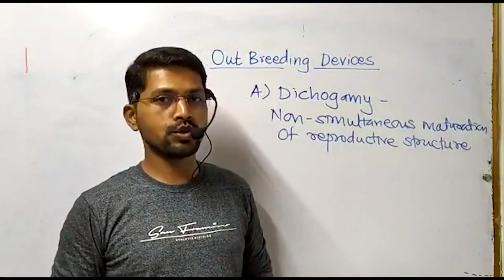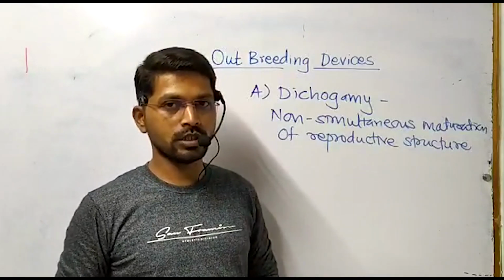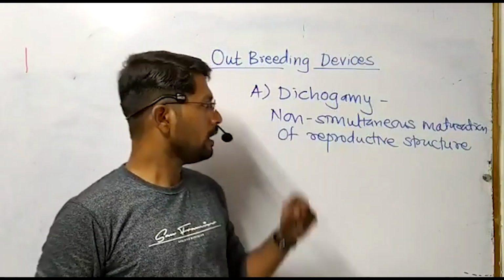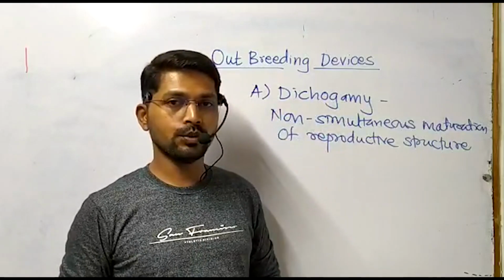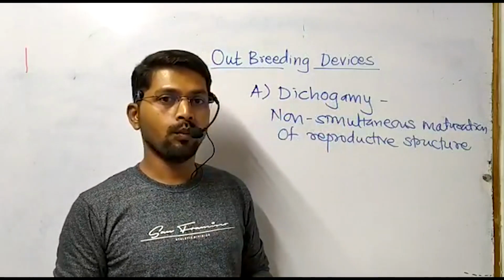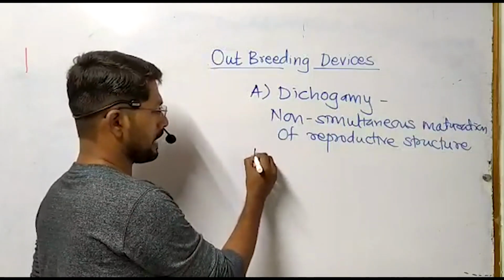One is called the androecium, the male reproductive structure, and the second is called the gynoecium, the female reproductive structure. Now, in the case of dichogamy, there are two subtypes related to the reproductive structure which matures first, and on that basis, the two subtypes are as follows.